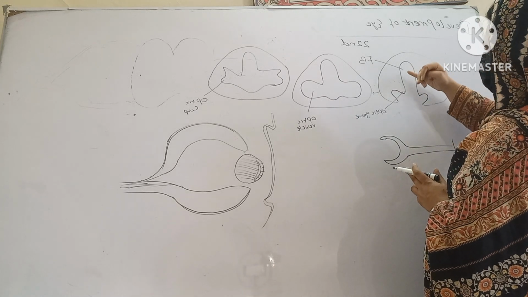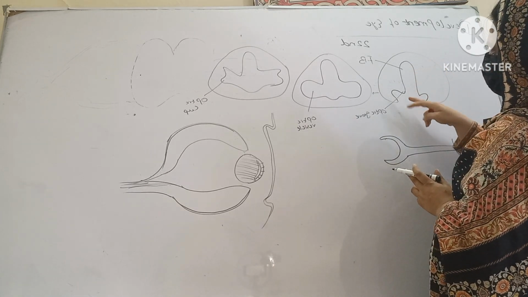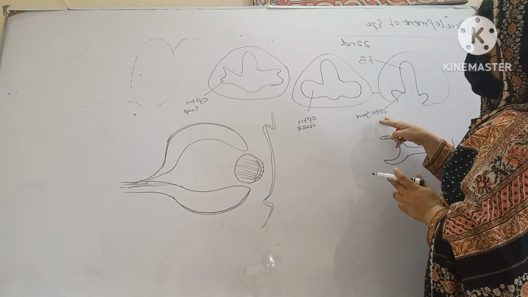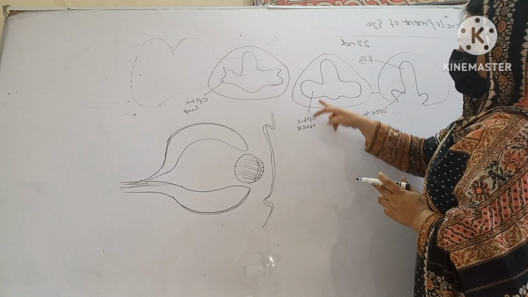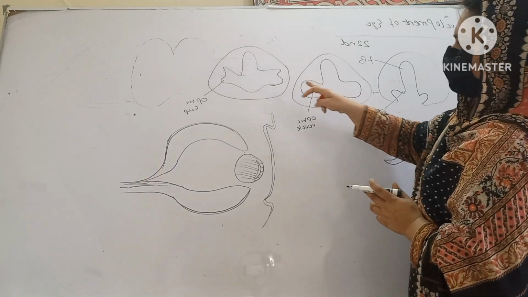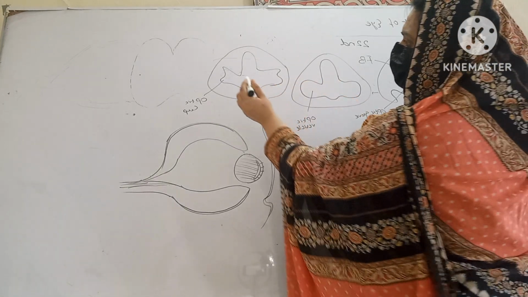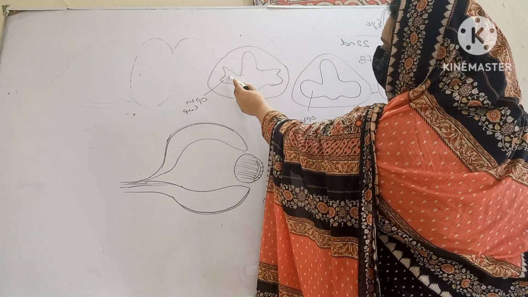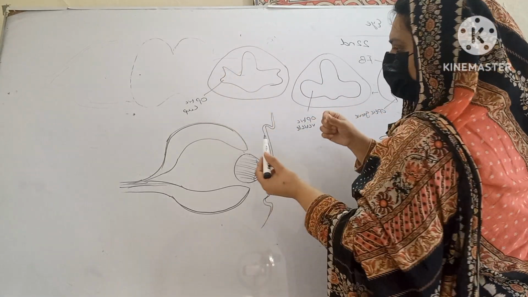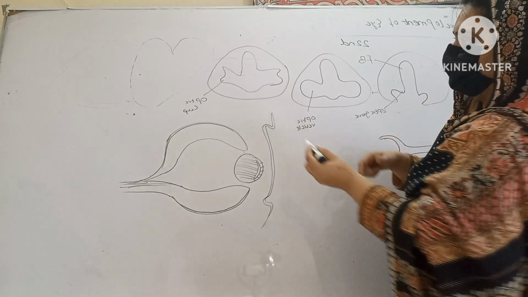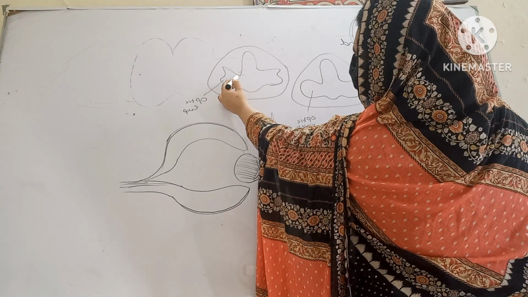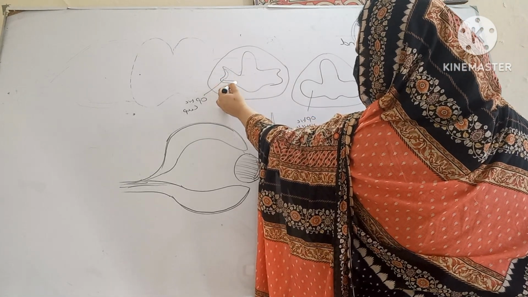So we have discussed that on the lateral side of the forebrain vesicle, there is a development of the optic groove, which will later form the optic vesicle, and later this optic vesicle develops an indentation which will form the optic cup. When the indentation develops, this optic cup will have two layers, the outer layer and the inner layer.